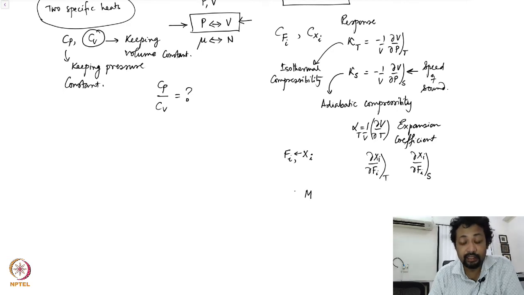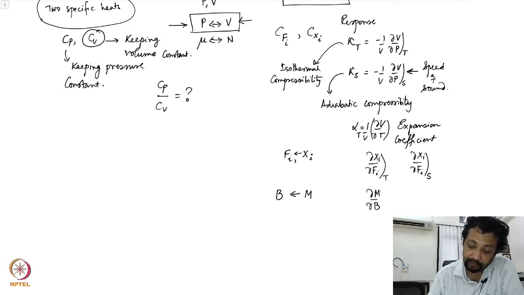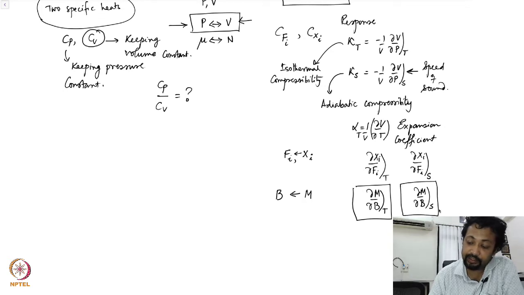If you look at another example, for a magnetic system, you have magnetization as the thermodynamic coordinate and magnetic field as the force, in which case you essentially have del M del B, temperature constant, and del M del B, entropy constant. This quantity is called the magnetic susceptibility. This is the adiabatic susceptibility, this is the isothermal susceptibility.